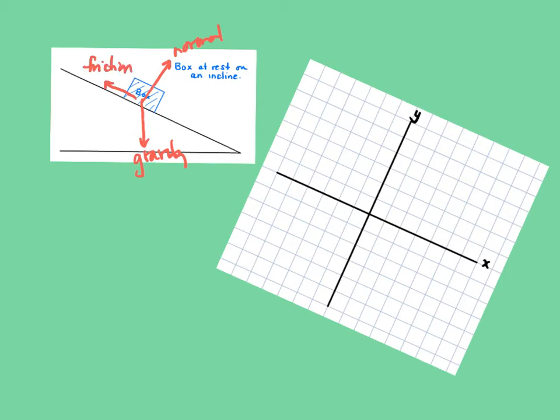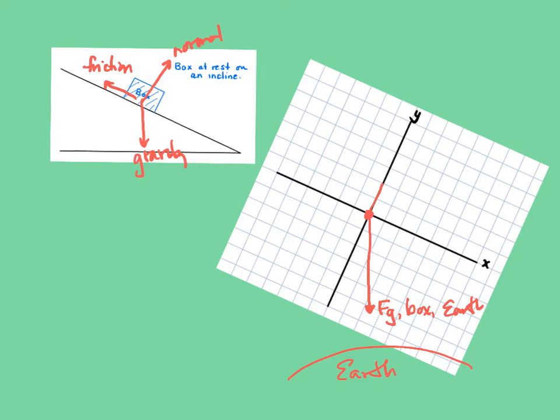All right, so I'm going to start with my dot representing my box, and I'm going to draw gravity straight down towards the center of the earth. You notice I'm not drawing it along the y-axis. My earth is down here. I've tilted my axis. So this is my force of gravity on the box by the earth. The normal force is going to act right here, perpendicular, up along the y-axis for us.